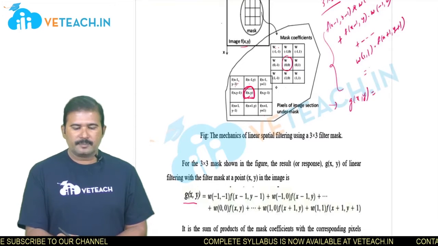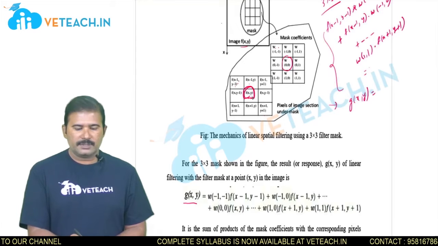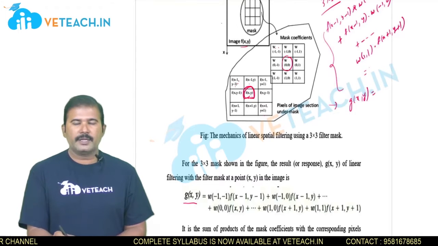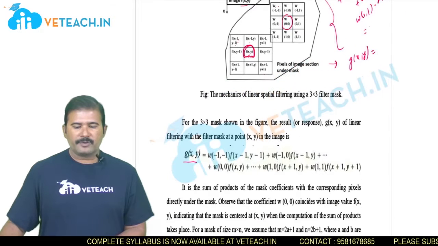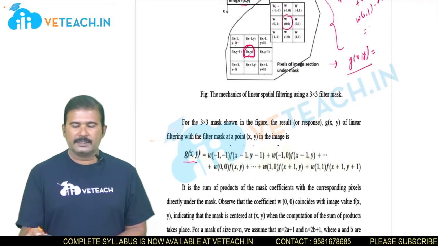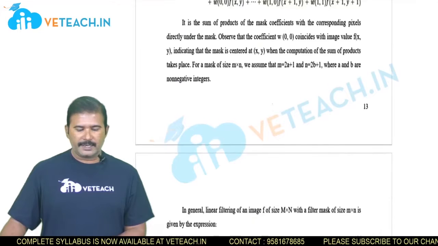The result is placed at the center pixel. The same operation is performed for every pixel in the given image f(x,y), giving the resultant image g(x,y).